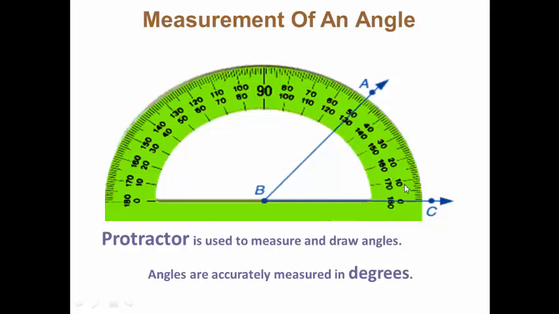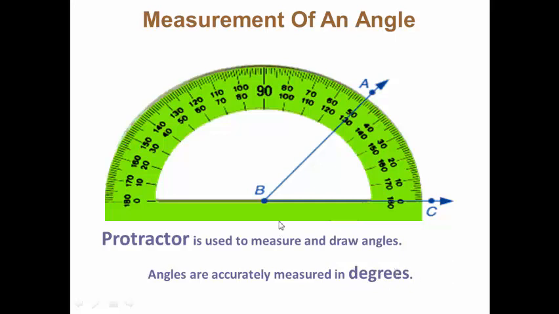Here I have this protractor, and you'll find numbers on this protractor from 0, 10, 20, 30 until 180, and the same numbering starts from the opposite side here, 0, 10, 20, 30, 40 until 180. This protractor, we use it for measuring angles. Now, what is the measurement unit for these angles? The unit we are using is called degree.